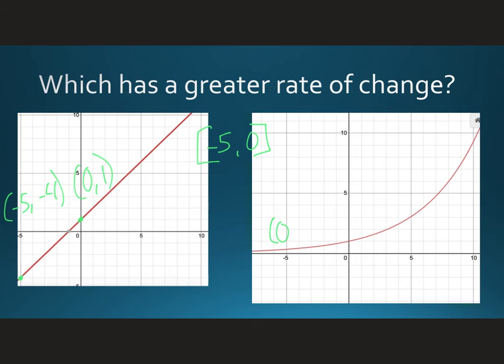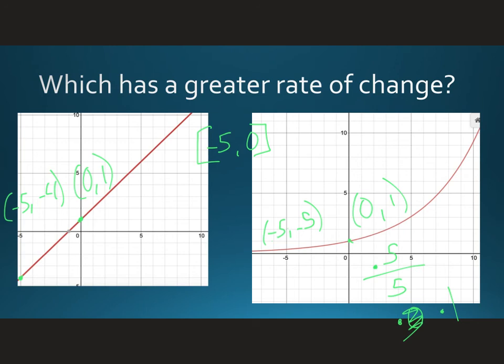On this one, I have (-5.5) and (0, 1). So here I get 0.5 over 5, which is 0.1.